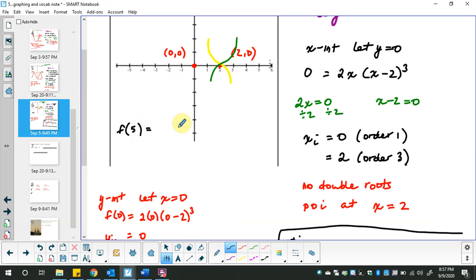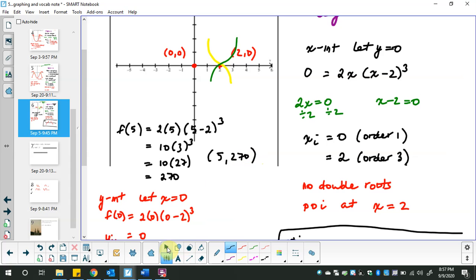Let's see what that does. 2 times 5 times 5 minus 2 cubed is 10 times 3 cubed, is 10 times 27, which is 270. So I actually have a point 5, 270 on this picture.